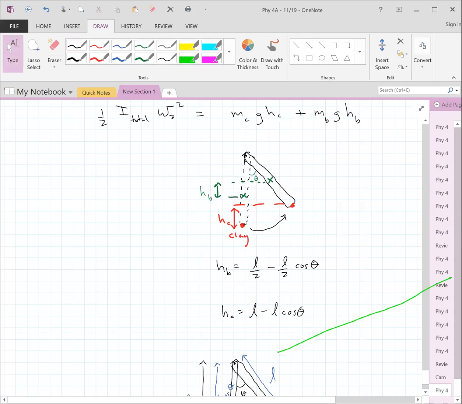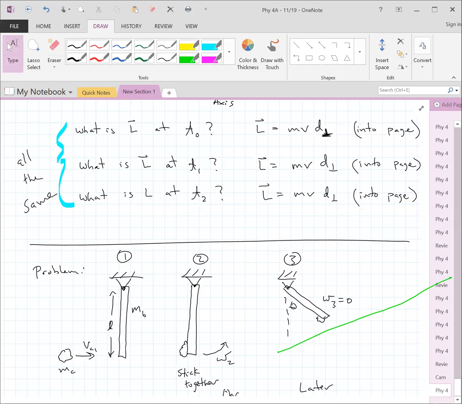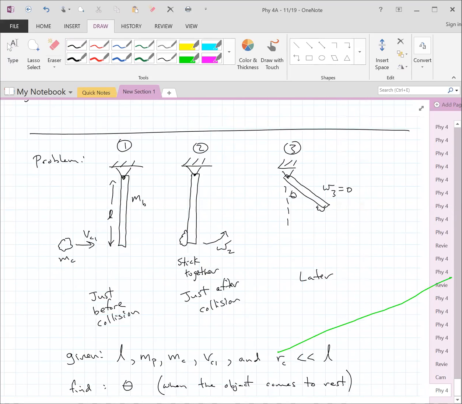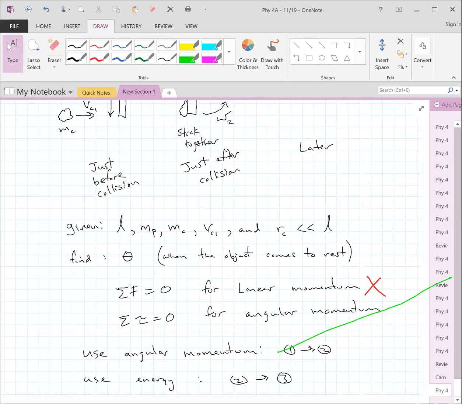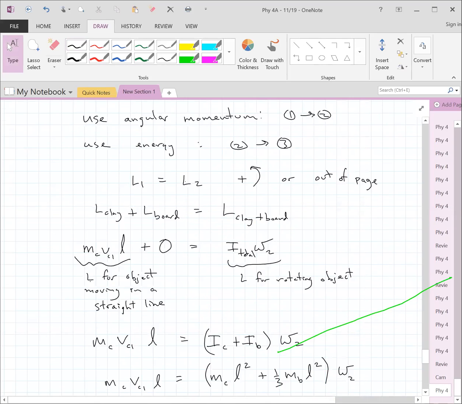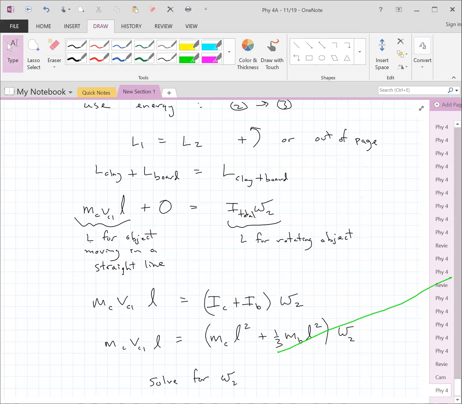Okay, so let's go back real quickly. Here we had a problem. It was a collision, but it was a solid object rotating. And so instead of using linear momentum, we used angular momentum to get through that. L initial equals L final. Even though part of the problem had a small object moving in a straight line and part had something rotating, we still use angular momentum for the whole problem, beginning to end.